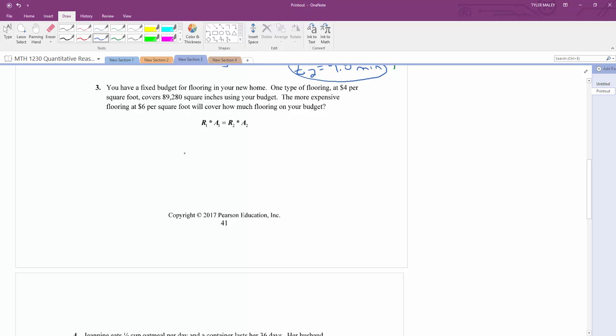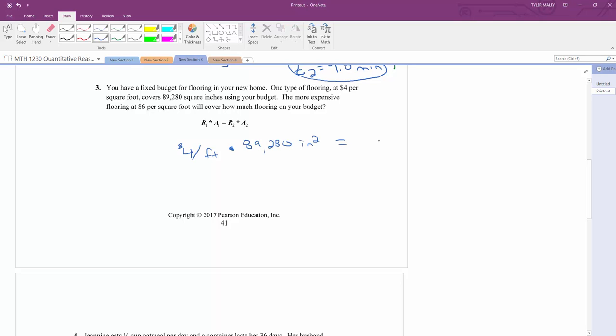So R1 is the rate, so we'd pay $4 per square foot. And then we can multiply that times the 89,280 square inches.